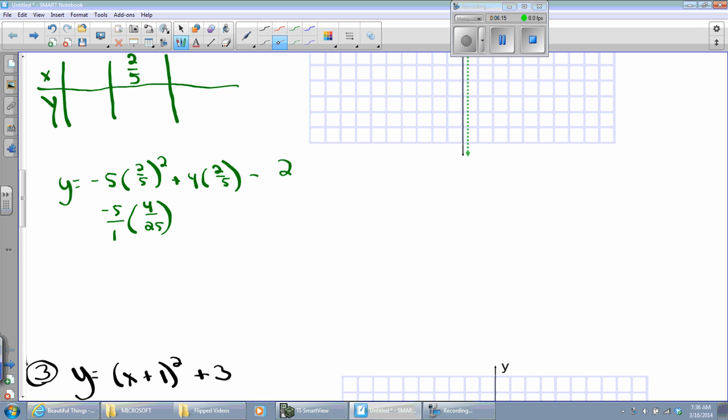And that's going to simplify right away. The 5 is going to go into there 5 times. And so I'm going to get -4/5 for this first part here, plus 8/5 minus 2. And so I'm going to combine these 2/5 and get 4/5 minus 2.